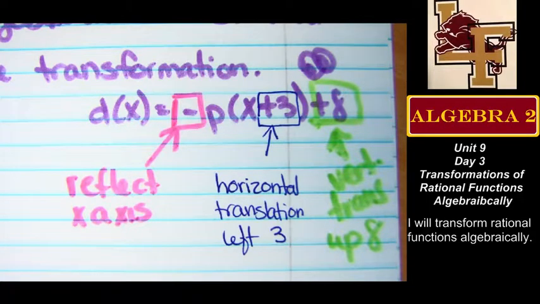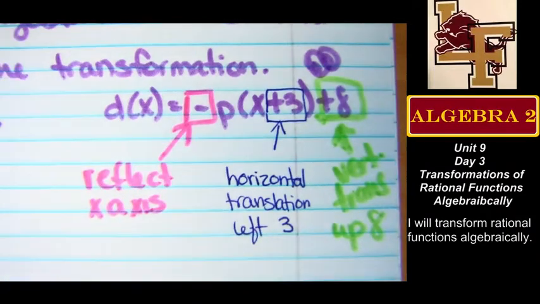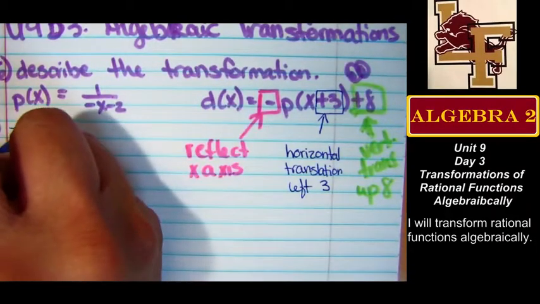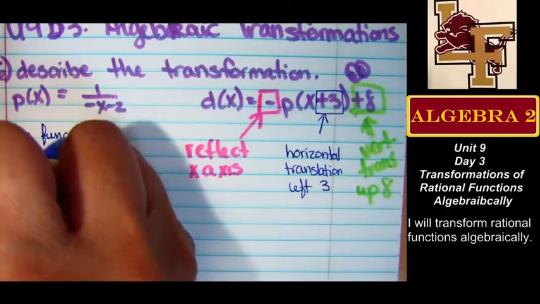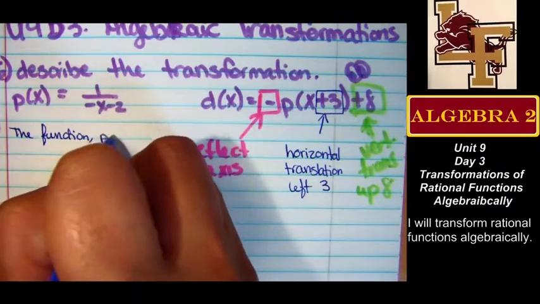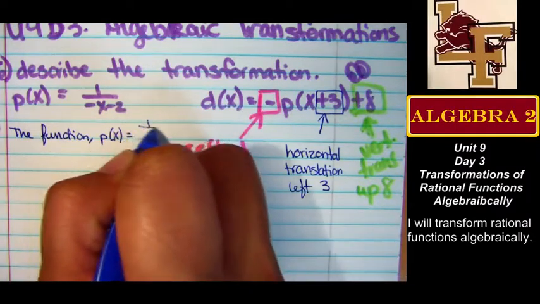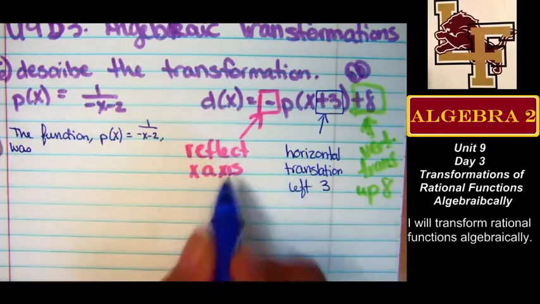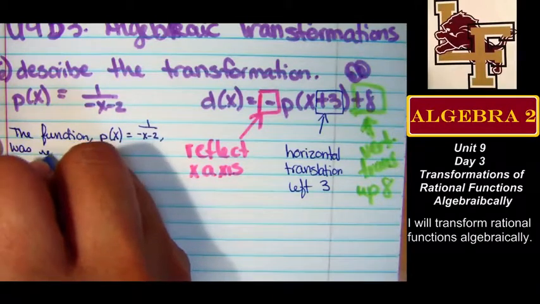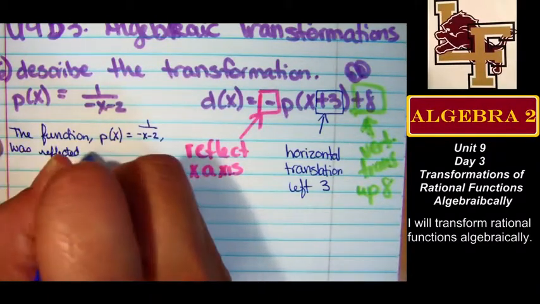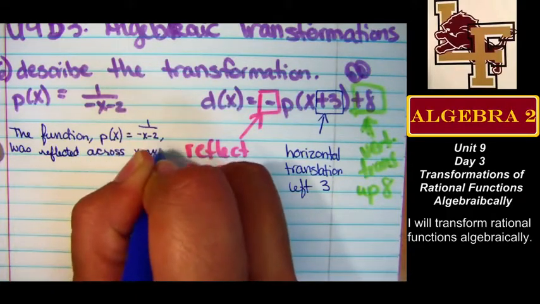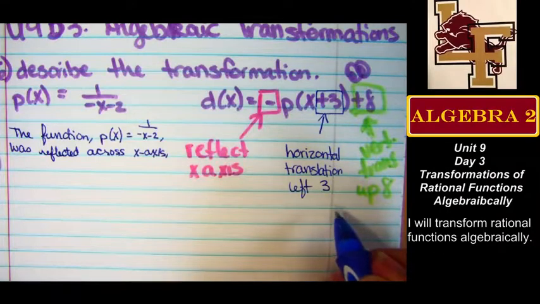Does anyone want to see me write it out as a complete sentence, or are you happy with what we've got? I got a couple people raising hands. Okay. The function p of x equals 1 over negative x minus 2 was reflected across the x-axis and horizontally and vertically translated.